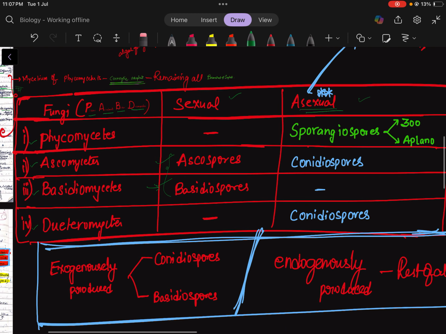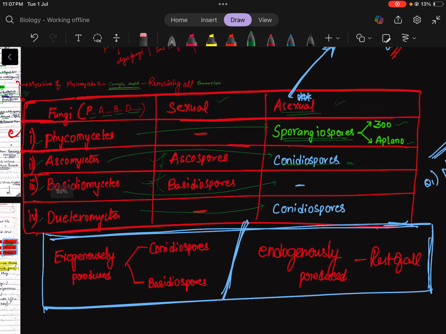In asexual, Phycomycetes show sporangiospores, which can be zoospores or aplanospores. In Ascomycetes, asexual is conidiospores. In Basidiomycetes, there is no asexual reproduction. In Deuteromycetes, they show conidiospores.